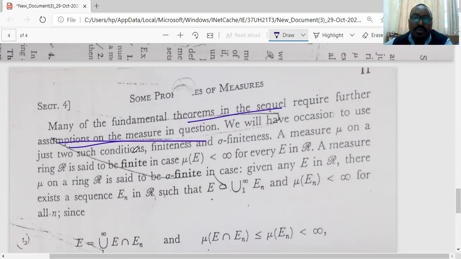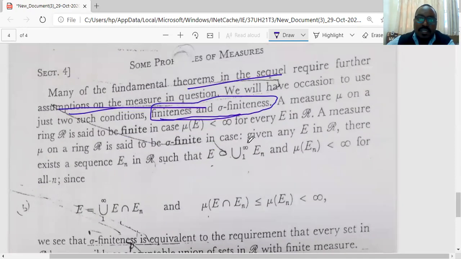We will have occasion to use just two such conditions, finiteness and sigma finiteness. When it is sigma finite and just finite, we will use those, and they will come in handy in our next section. Now, a measure mu on a ring R is said to be finite in case mu of E is less than infinity.